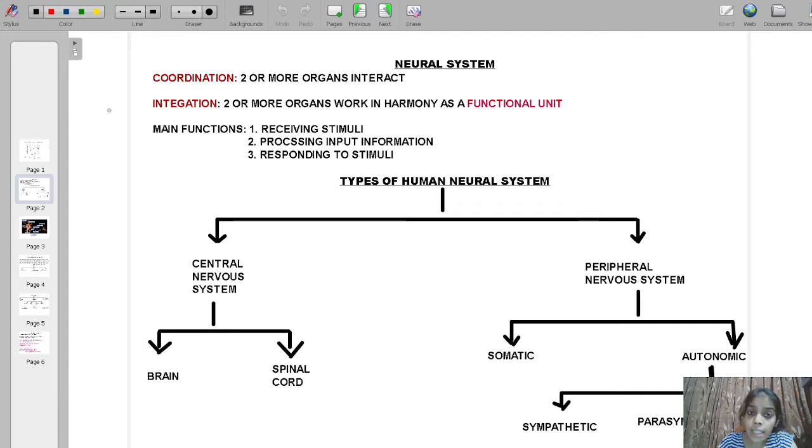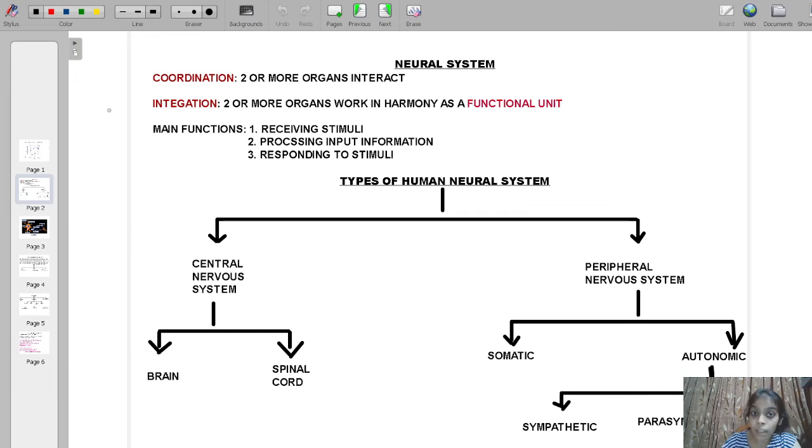Now it coordinates on the basis of two things. One is stimulus and the other one is response. Suppose right now when I'm recording this video, it's quite late at night. It's time for dinner basically. So while recording the video, I may feel hungry, right?